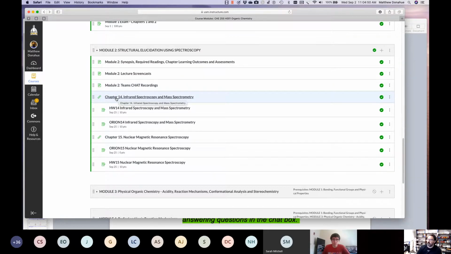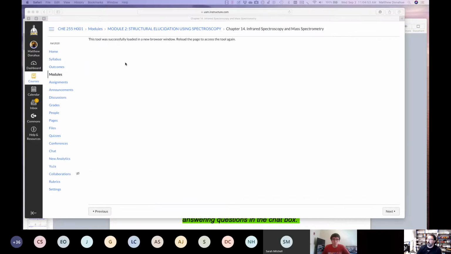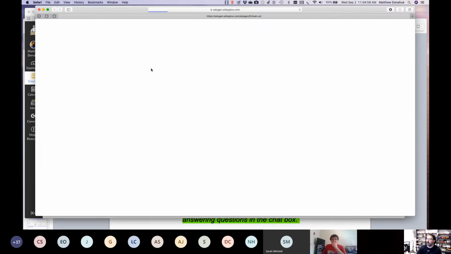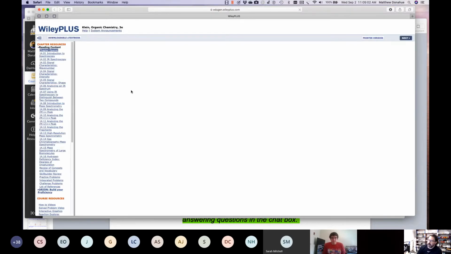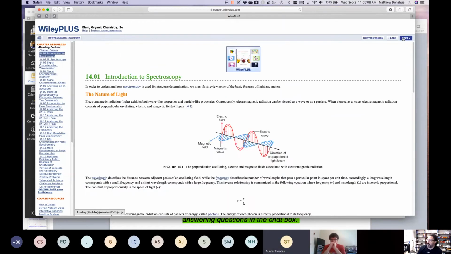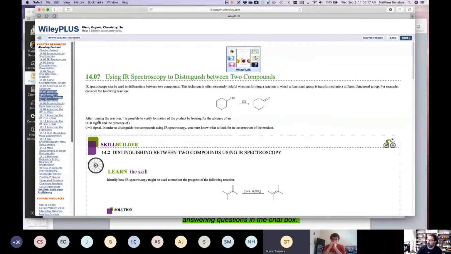Here's your, if you click here, this brings your link over to, hopefully you can see this, this is the link into Wiley. So there's the online textbook reading you can do. Again, you can click through these either by hitting next or by clicking over to the left side here, depending on the section.